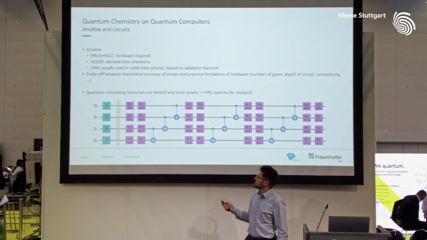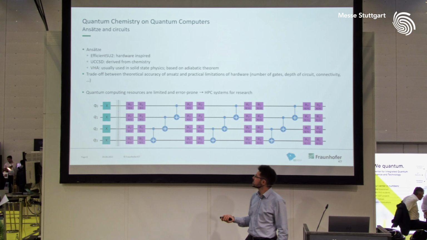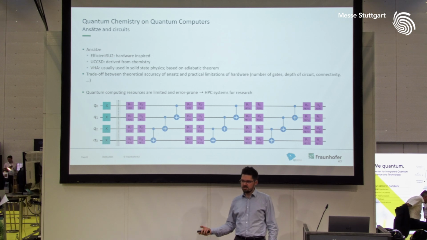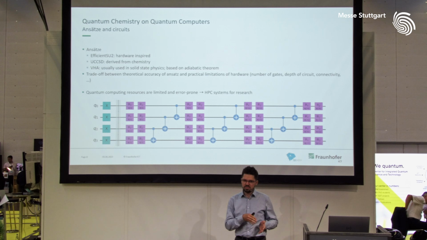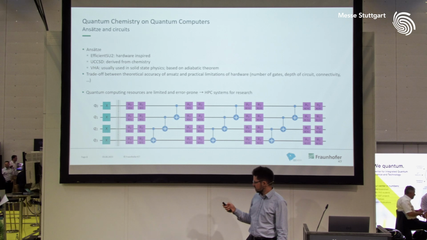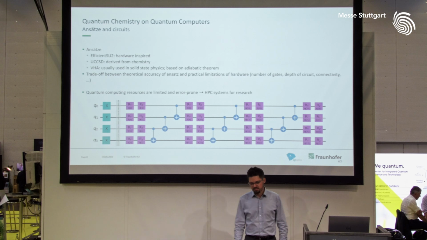There are also other approaches like UCCSD, Unitary Coupled Clusters method, which is inspired by quantum chemistry itself, which is usually performed on the classical computer, or which I'm investigating quite a lot, VHA, so variational Hamiltonian ansatz, which is based on the adiabatic theorem from solid-state physics.